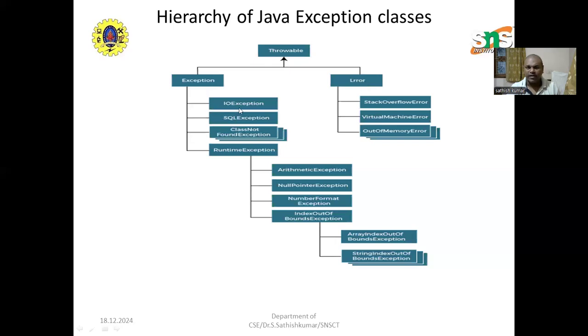In Exception, we have IOException, SQLException, ClassNotFoundException, and RuntimeException. In Error, we have StackOverflowError, VirtualMachineError, and OutOfMemoryError. RuntimeException is classified into ArithmeticException, NullPointerException, NumberFormatException, and IndexOutOfBoundsException. IndexOutOfBoundsException has two types: ArrayIndexOutOfBoundsException and StringIndexOutOfBoundsException. So these are under the Throwable class.